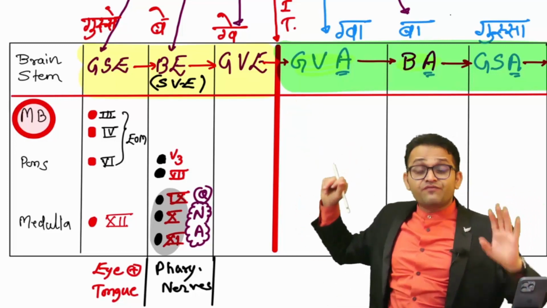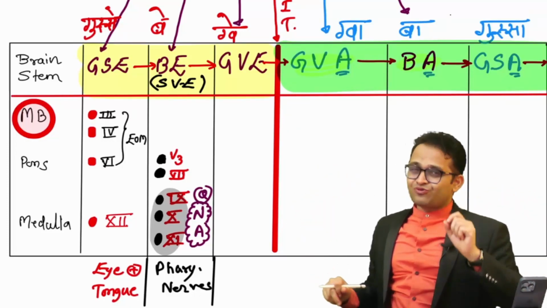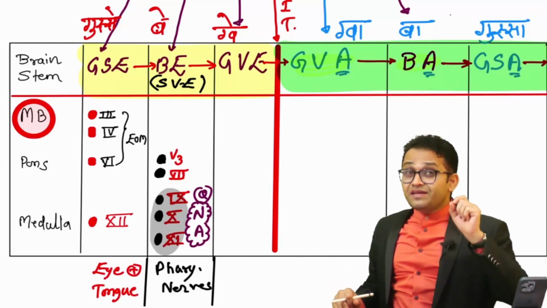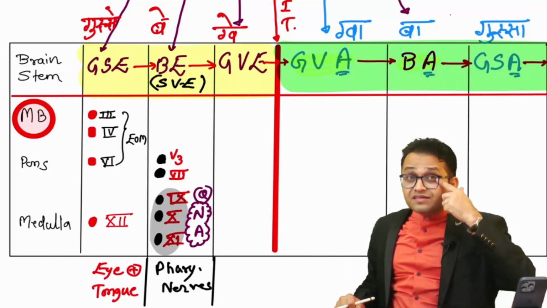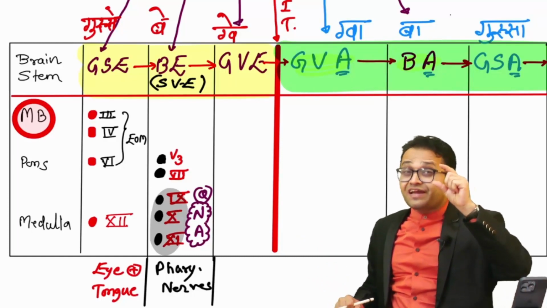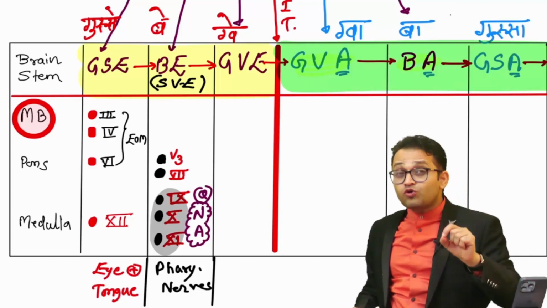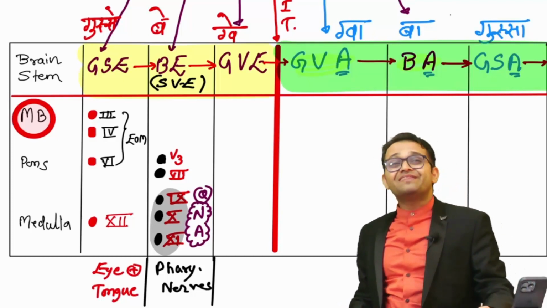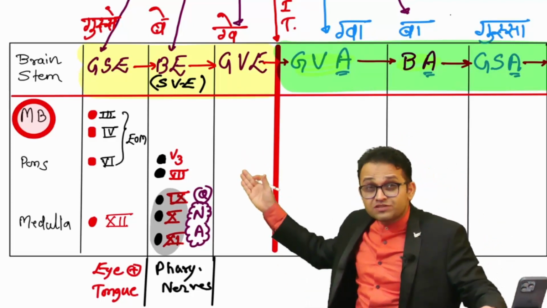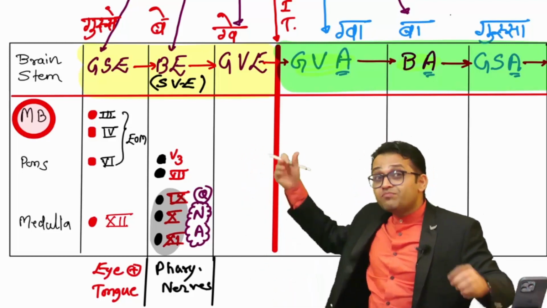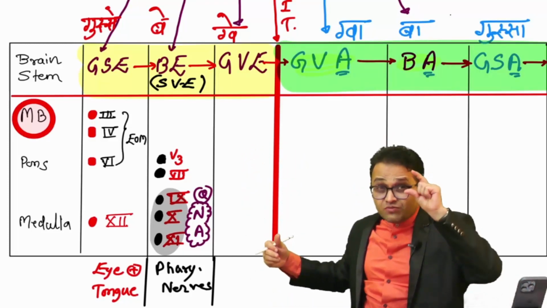Efferent means motor activity. Now try to understand: within the eye, there is constriction and dilatation. Remember, the constriction in sphincter pupillae is controlled by the third cranial nerve nuclei, the parasympathetic part of the third cranial nerve. It is a muscle showing constriction movement.